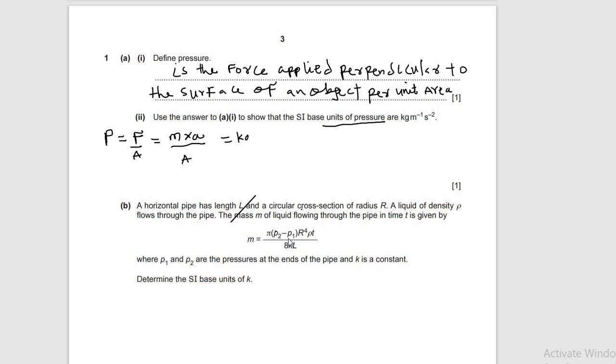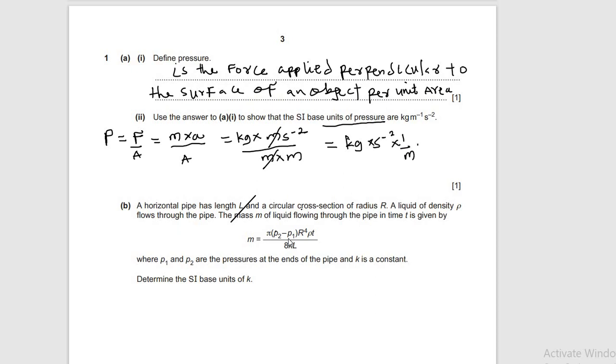Mass is kilogram, acceleration is meter per second squared, area is meter squared, which is meter times meter. Meter cancels meter. So we have kilogram multiplied by s minus 2 multiplied by 1 over m, which is the same thing as kilogram s minus 2 per meter. This is what they asked us to prove, the SI base unit of pressure.